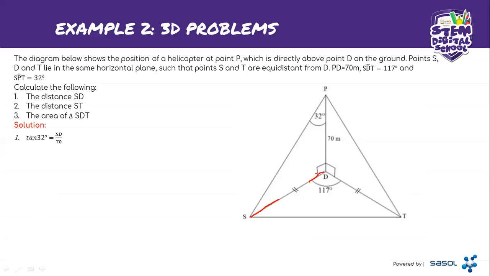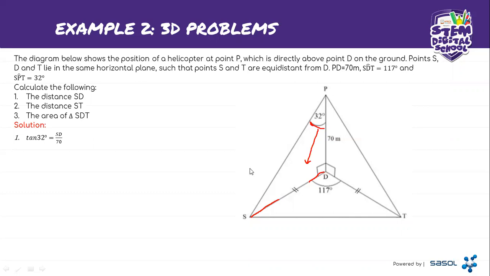If we have a side and an angle there, then obviously this side is going to be opposite, and this side, PD, is our adjacent.